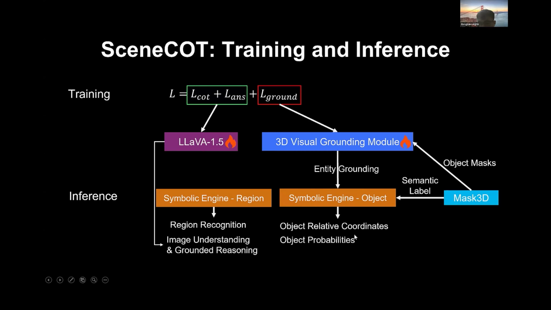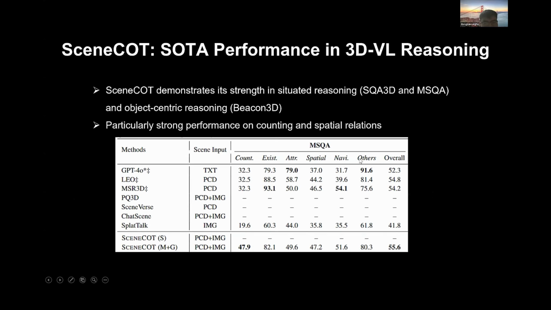In our previous introduction, I explained two types of visual cues with the symbolic engine. The first is object relative coordinates, and the second is object probabilities. They will be constructed by our symbolic engine and the 3D visual grounding model.